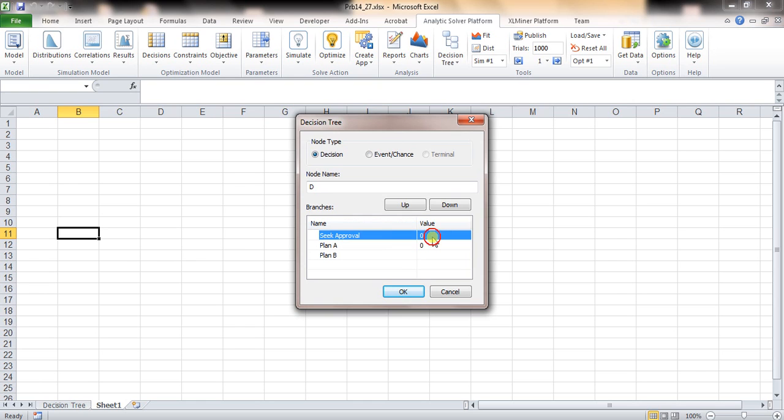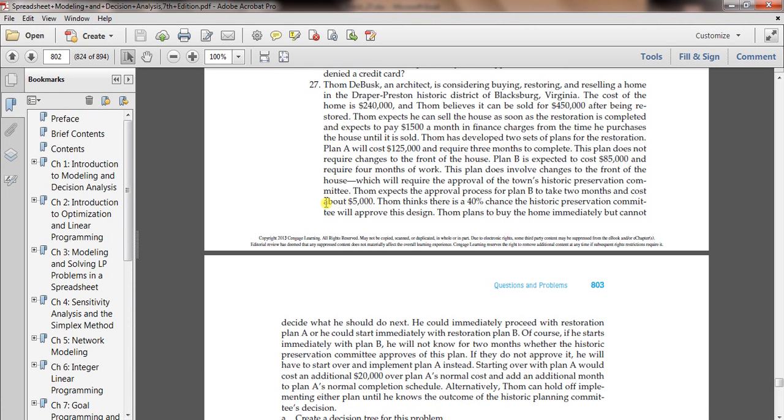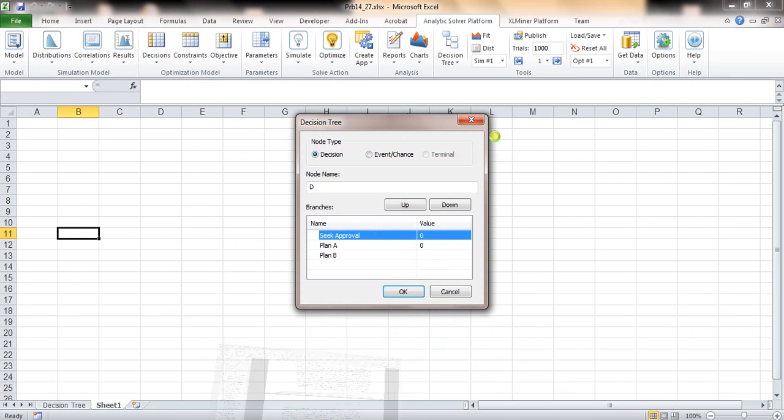If it seeks approval, it will cost him 5,000 and take 2 months. The cost of interest per month is 1,500, so for 2 months it will be 3,000. So total cost will be 5,000 plus 3,000, so the cost will be negative 8, that is 5 plus 3.